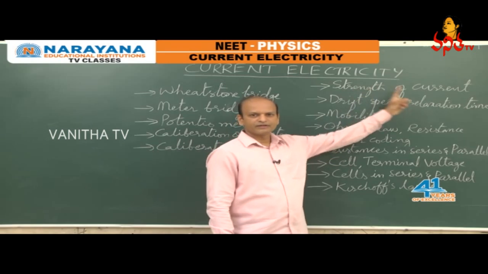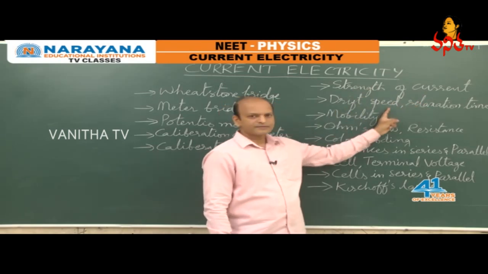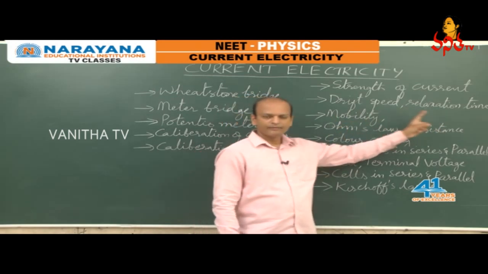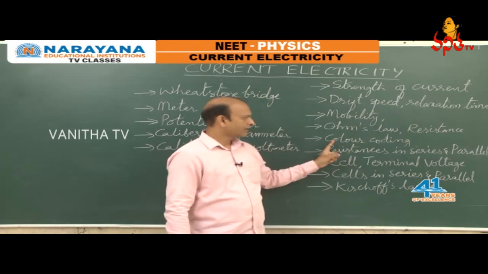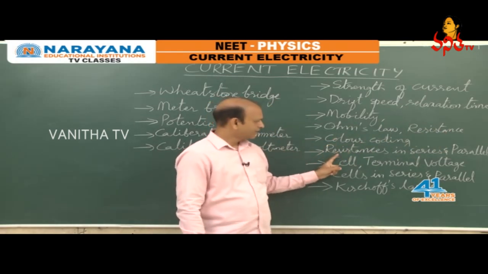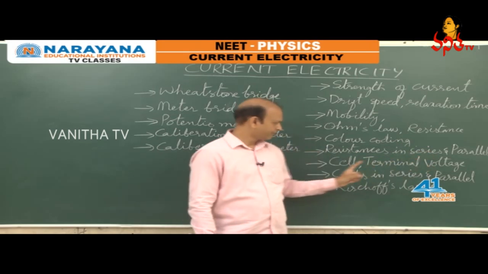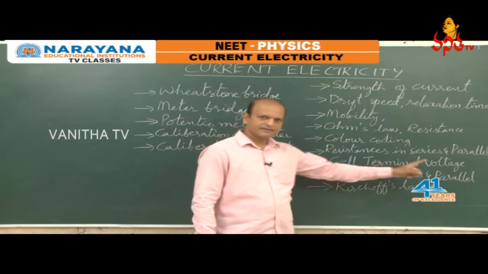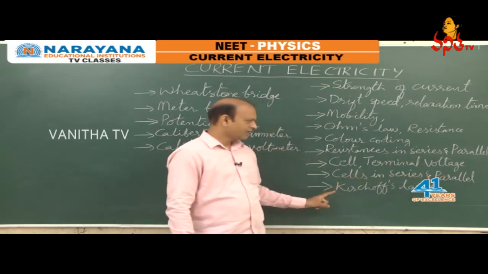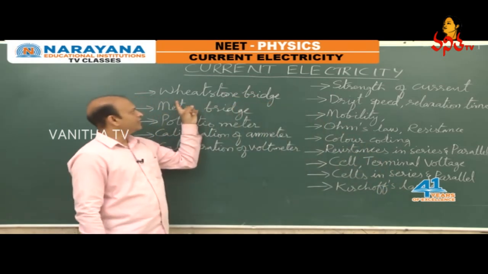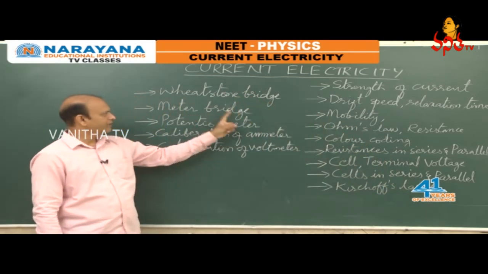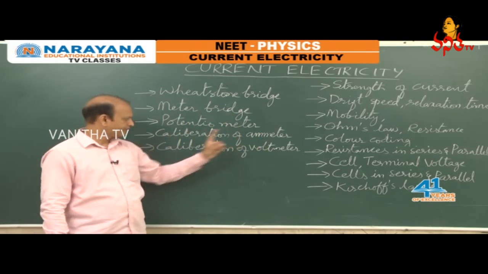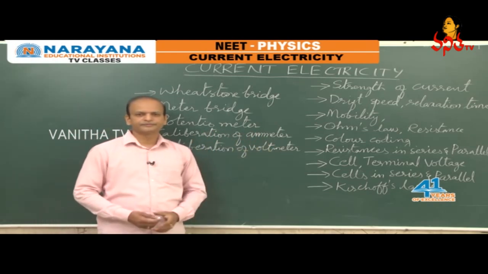First one is about strength of current, drift speed and relaxation time, mobility, Ohm's law, resistance, color coding of resistors, resistances in series and parallel, cell, terminal voltage, cells in series and parallel, Kirchhoff's laws, Wheatstone bridge, meter bridge, potentiometer, calibration of ammeter, calibration of voltmeter.